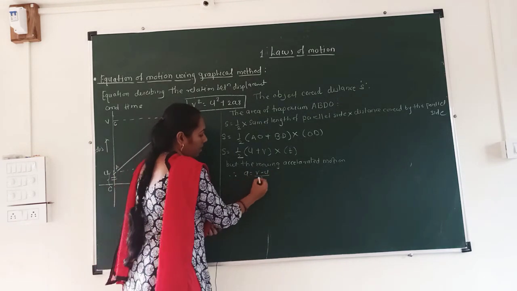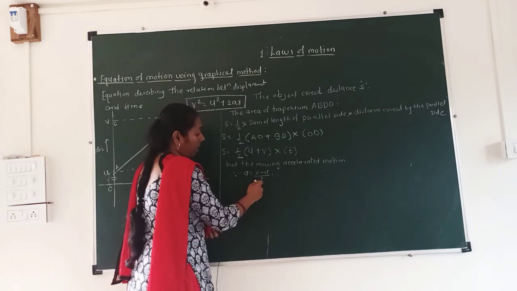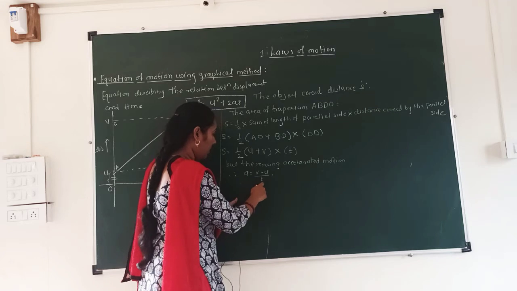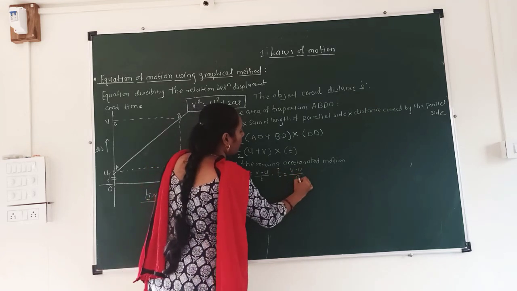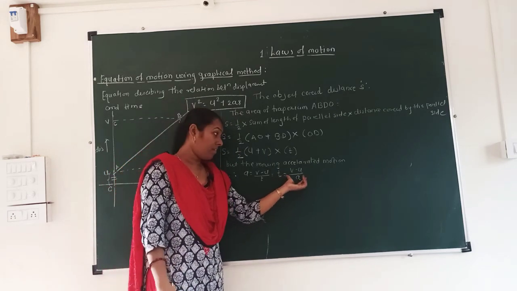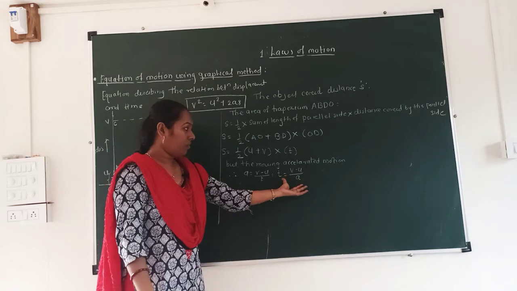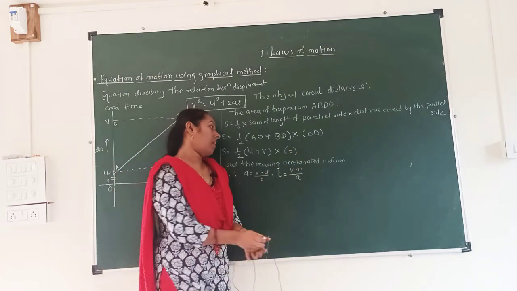I rearrange the equation: t is equal to v minus u divided by a. This is the value of t, which we put into equation number 2.